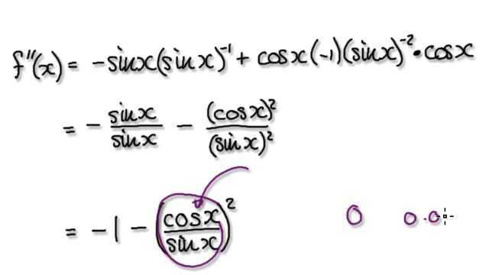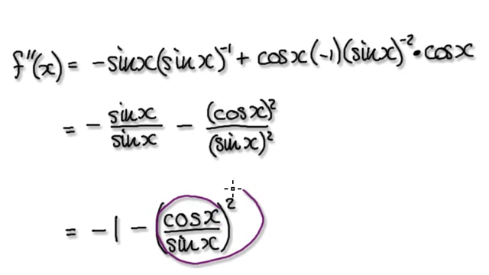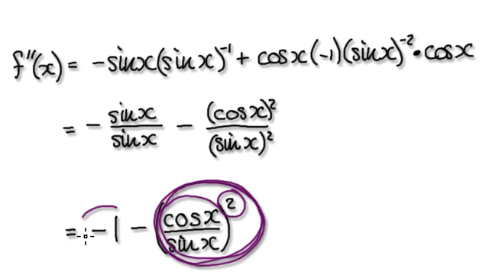The point is that this thing here will always be positive because you've got this squared here. So you've got -1, take away a positive number, so that will just take the -1 further negative.